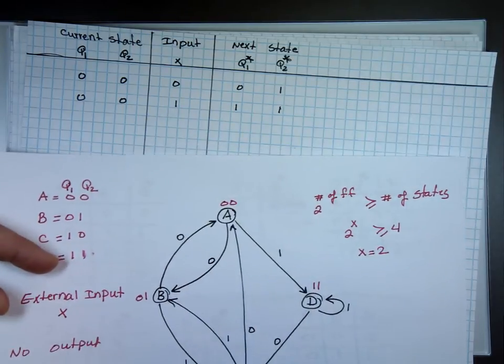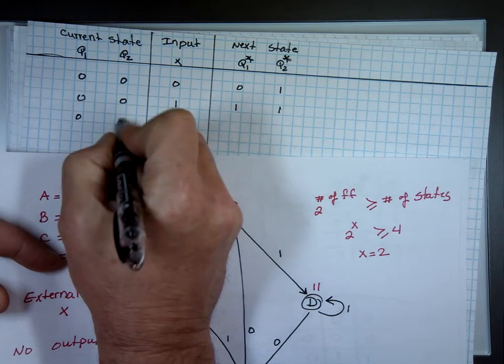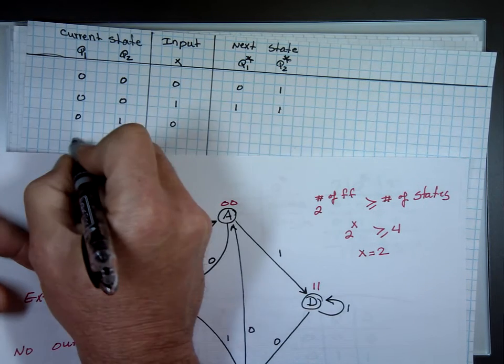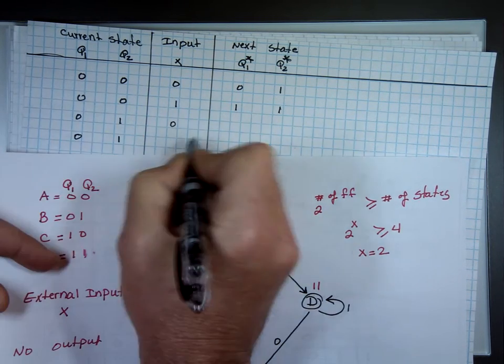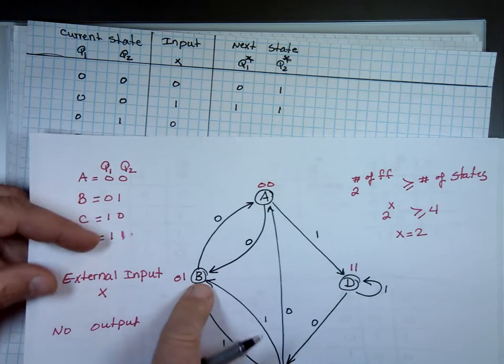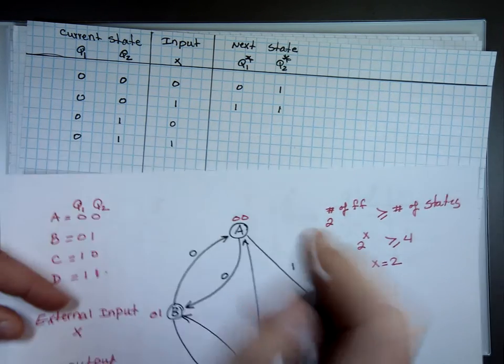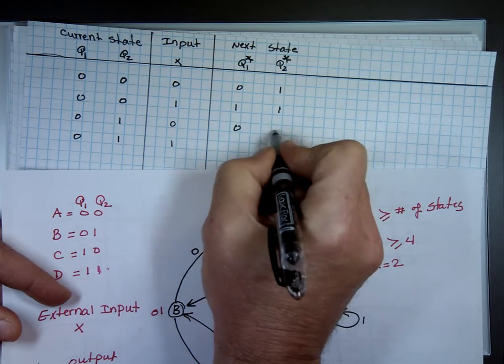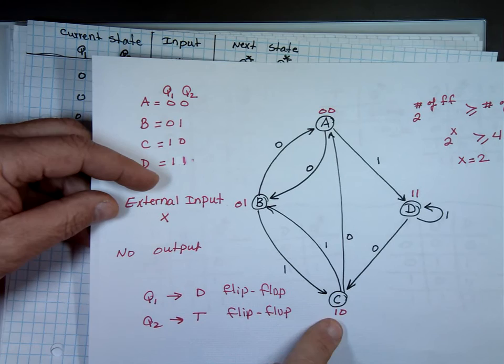If I am at state 0, 1, my input is 0, or 0, 1, my input is 1. If it's 0, I go to A, which is 0, 0. If it's 1, I go where? To C, which is 1, 0.